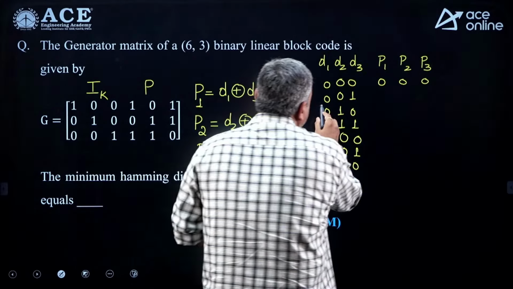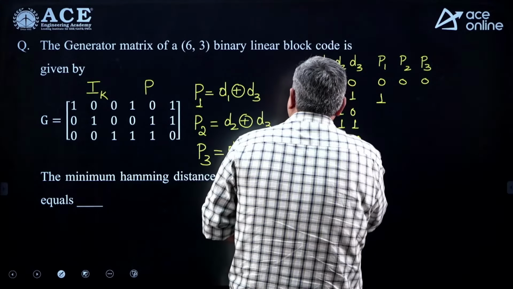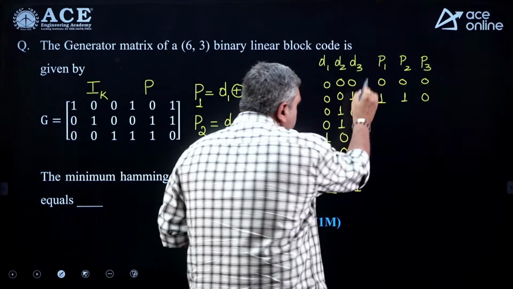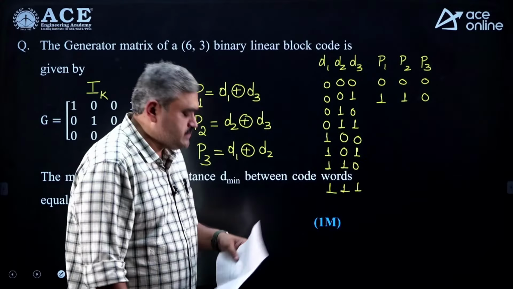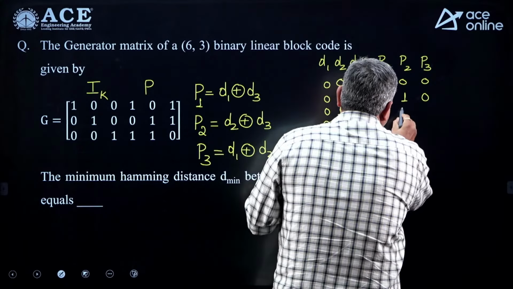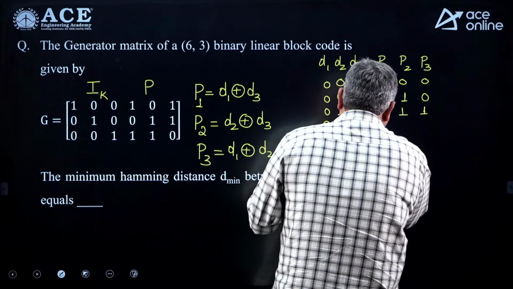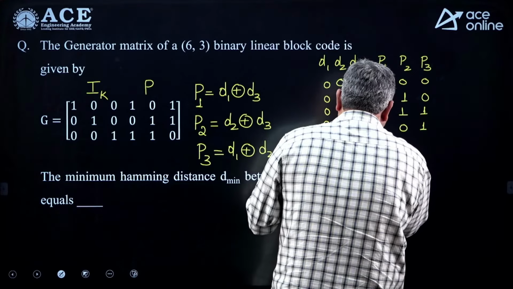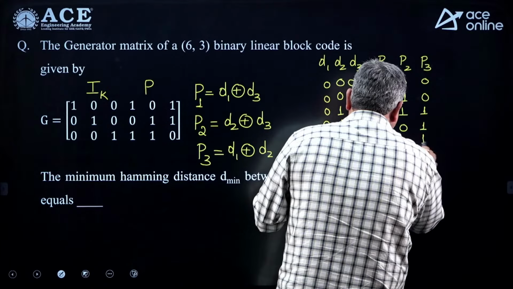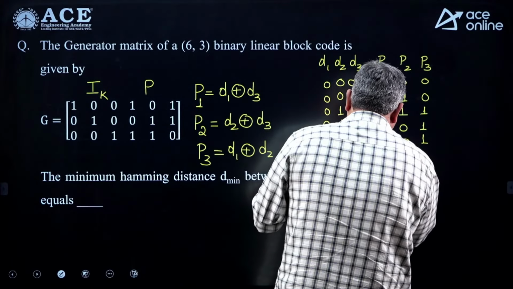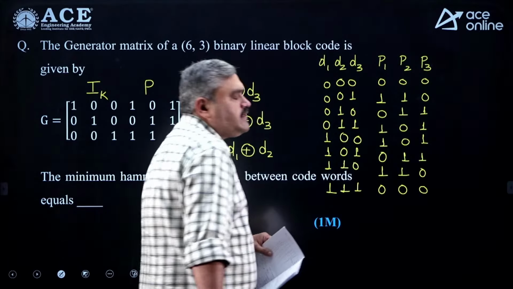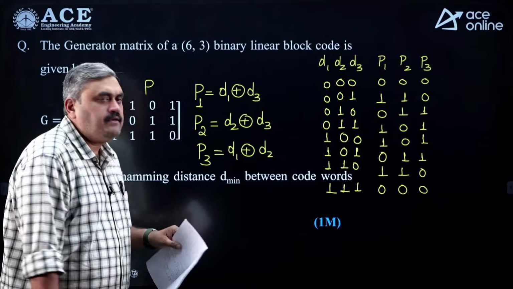Then D1 XOR D3 becomes 1, D2 XOR D3 also becomes 1, D1 XOR D2 becomes 0. Like this you calculate all the combinations. I am just writing here to complete in quick time. So these are the parity bits we get as per the data we have.